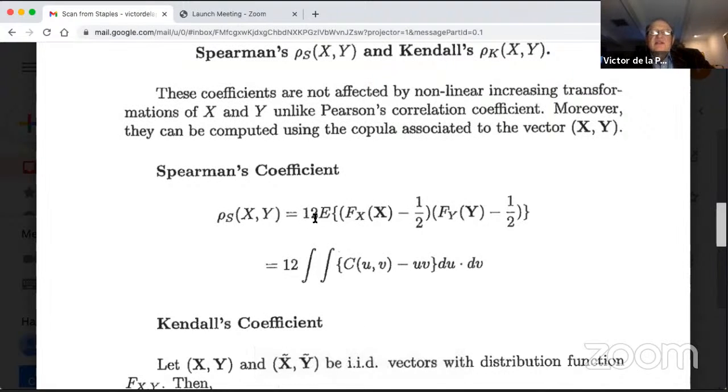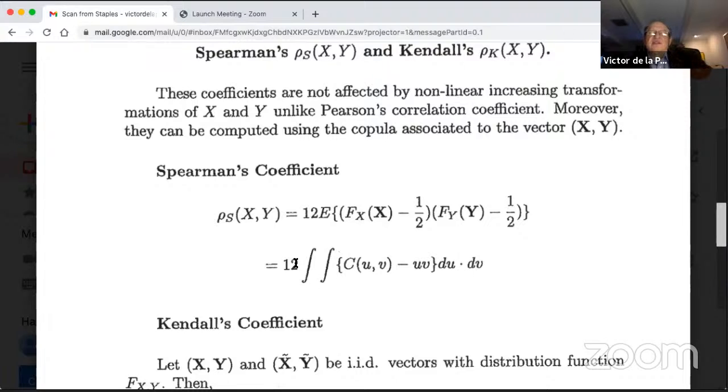It is 12 times the expected value of (the cumulative distribution function of X at X minus 1/2) times (the cumulative distribution function of Y at Y minus 1/2). So that's rho of XY, and it can be written as 12 times the integral of the copula of (u, v) minus the product of u times v, du dv.